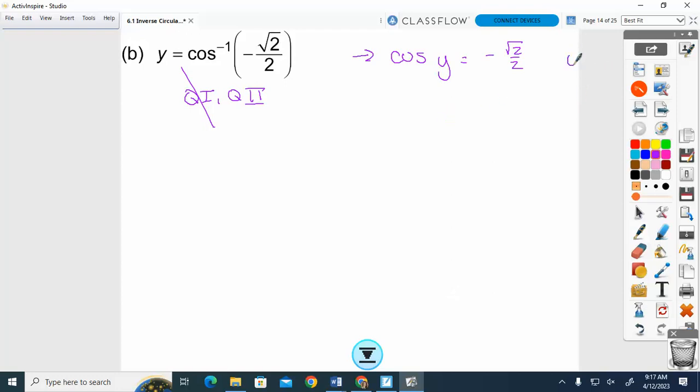That's a reference angle of 45. So 45 degrees in quadrant 2, 180 minus 45 is 135. Or 45 is pi over 4, so in quadrant 2, that would be 3 pi over 4. If you're looking at a circle, you're looking in quadrant 2, when is the x value negative radical 2 over 2? Are you understanding where we're getting these?